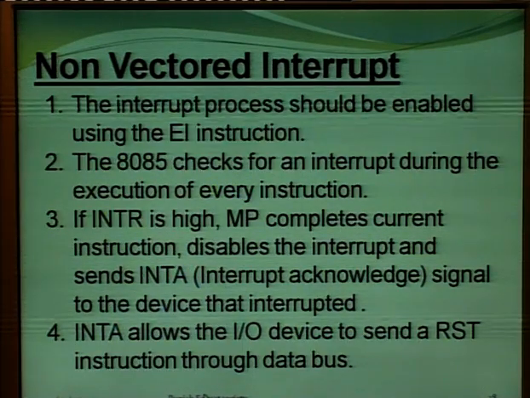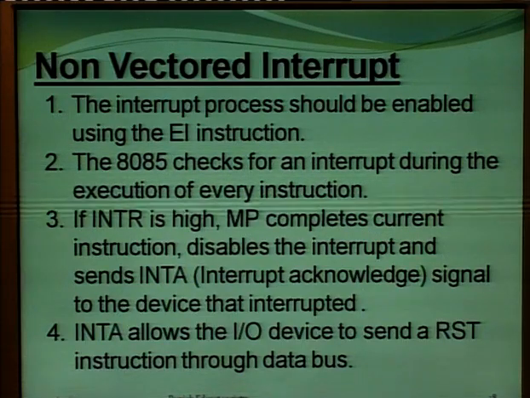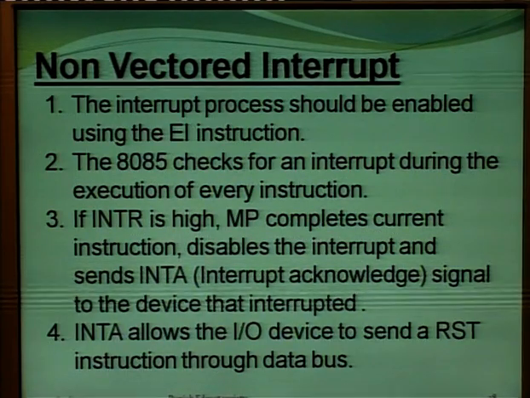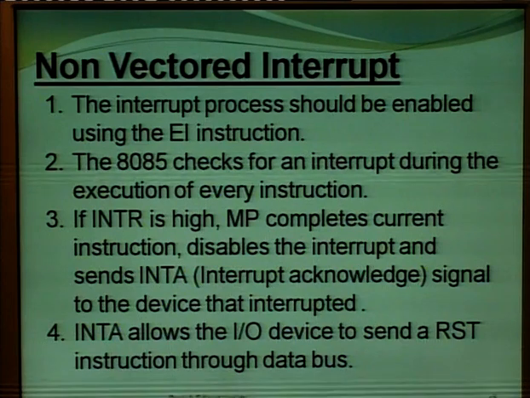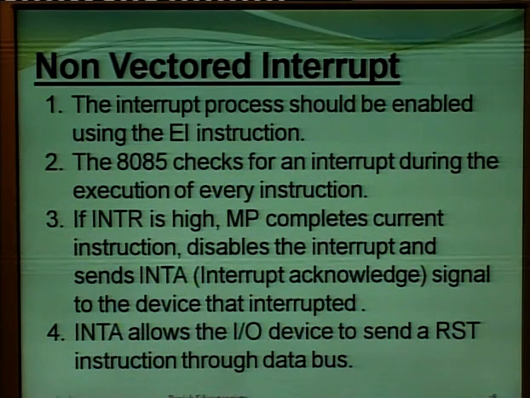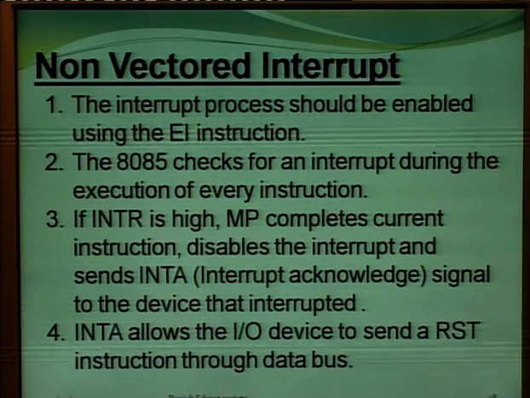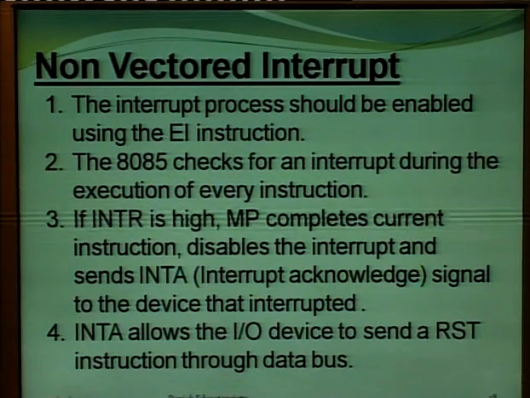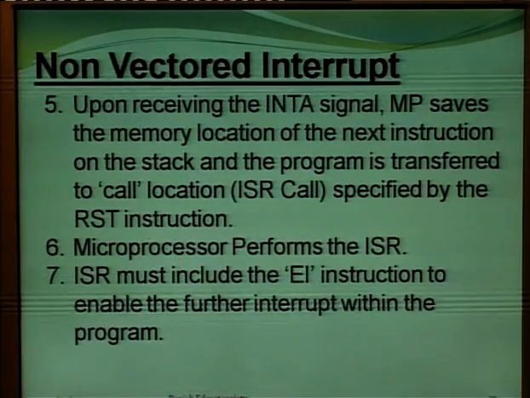If the INTR line is high, the microprocessor completes the current execution, disables the interrupt and sends the INTA bar, that is interrupt acknowledge signal, to the device from where it gets the interrupt signal. When the external device gets the INTA signal, this device sends an RST code to the microprocessor through the data bus.